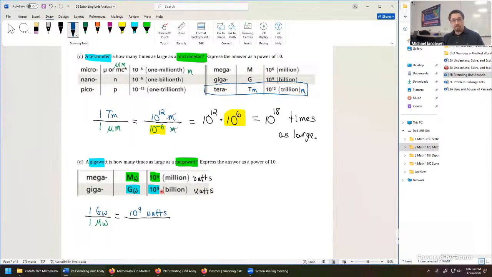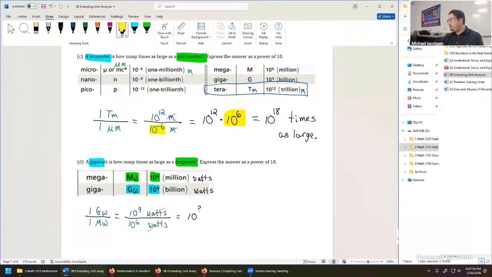Or just lowercase w for watts if you prefer. In the denominator, we have 10 to the power of 6 watts. And a nice feature of this problem is units cancel, so we're just taking 10 to the power 9 divided by 10 to the power 6. Not sure why I was writing a fraction. Let me write it this way.